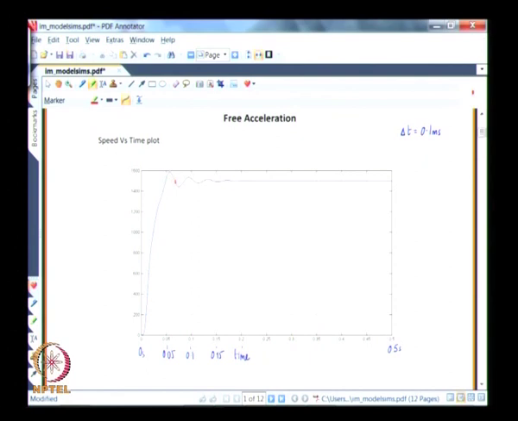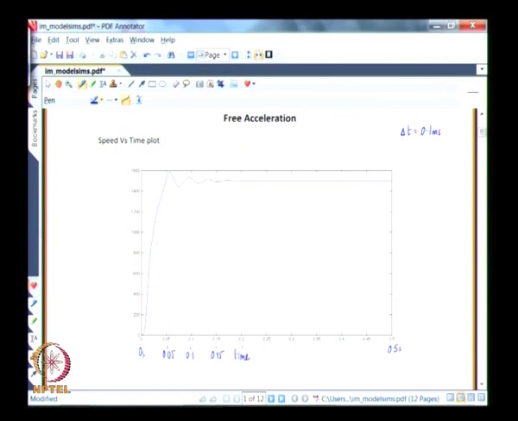Because there is no load torque that is applied, the machine speeds up to reach almost synchronous speed, and it then overshoots the synchronous speed as well. So, here you have the synchronous speed or the speed at which the system settles down finally.